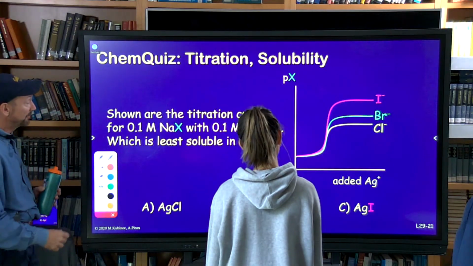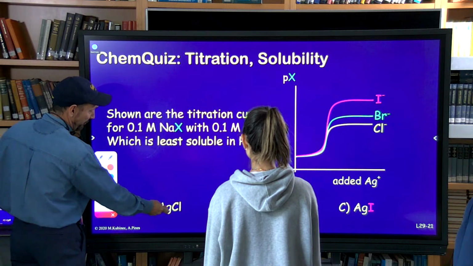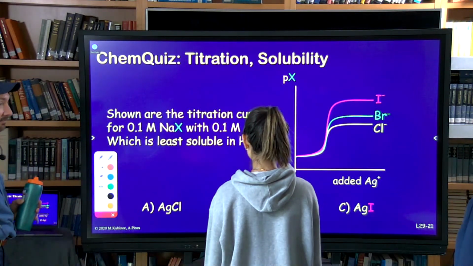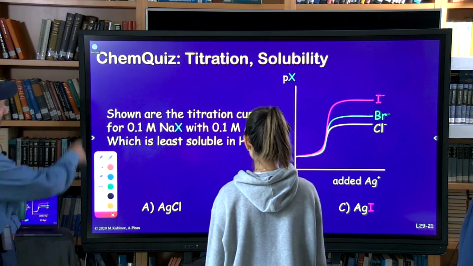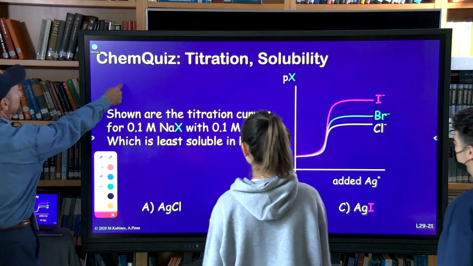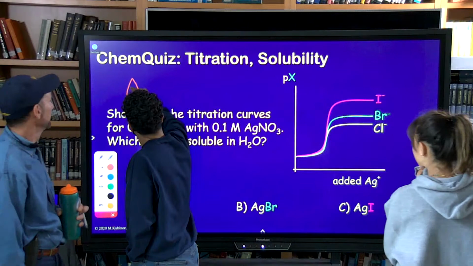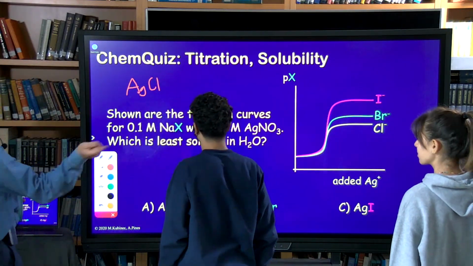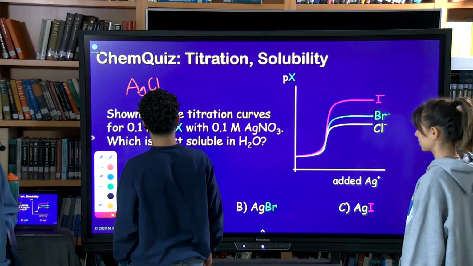So write down, what reaction are we talking about when we're talking about these solubility reactions? So write on the board, Ernesto, you can write on the board first. Right up there, silver chloride, AgCl. And if I'm talking about that dissolving, give me an arrow, into silver ions and chloride ions, what does that look like?